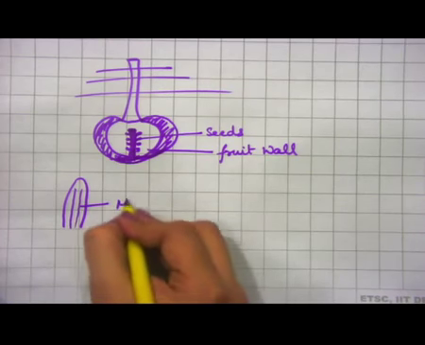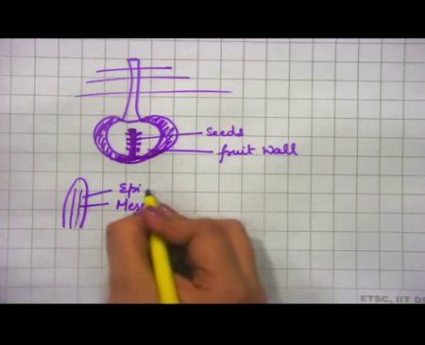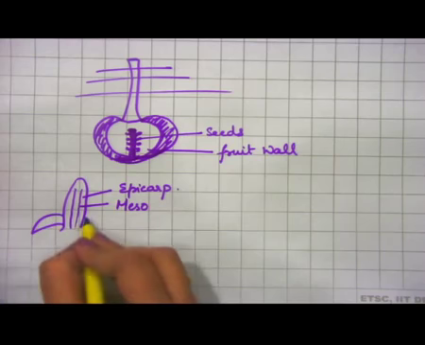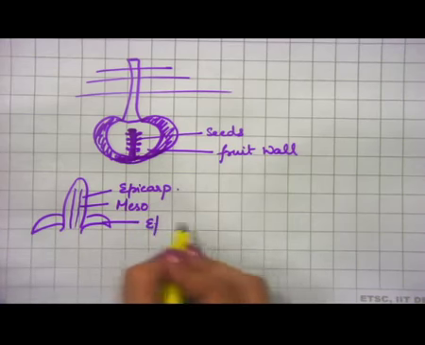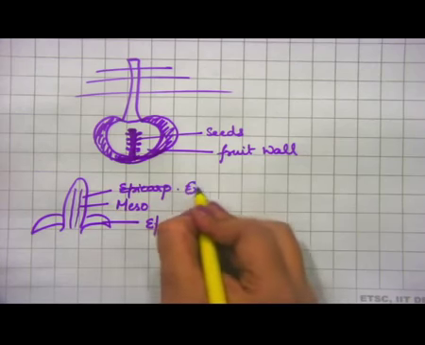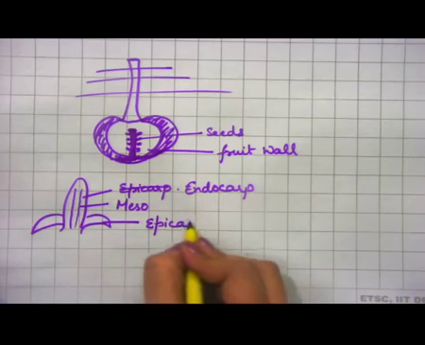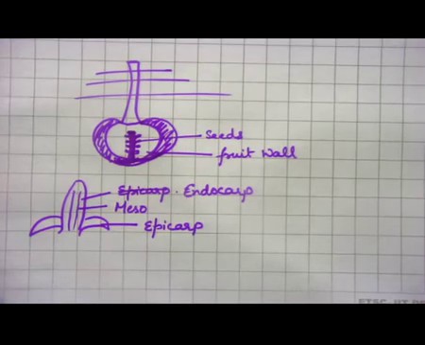These fibers are the mesocarp. So mesocarp and endocarp both are the edible portions of a banana, and you throw away the peel, which is the epicarp.